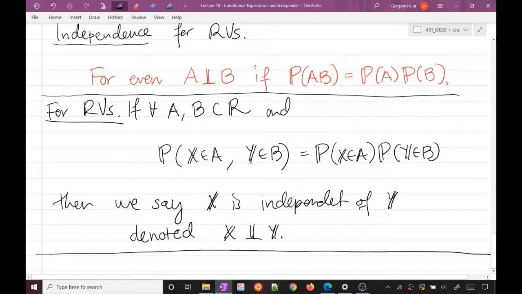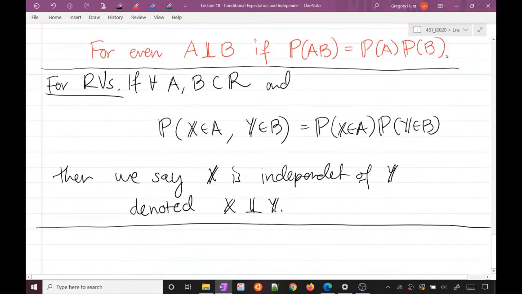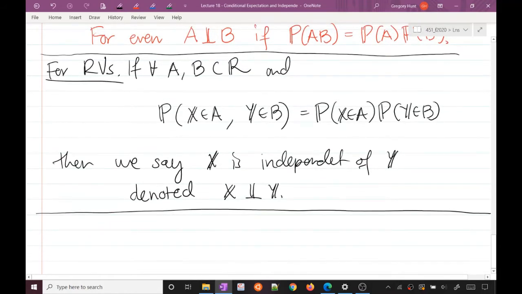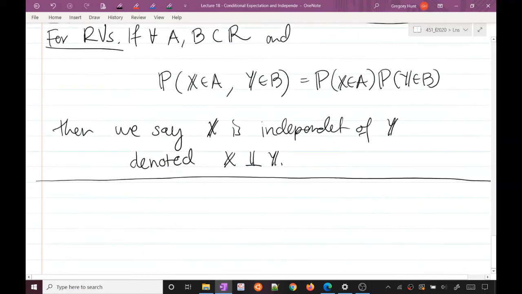And you can see that it mirrors how we talk about independence for events. A is independent of B if probability A, B is the probability of A times the probability of B. And for random variables, if for any subset of the real line, the probability X is in A and Y is in B is the product, then we say X is independent of Y.